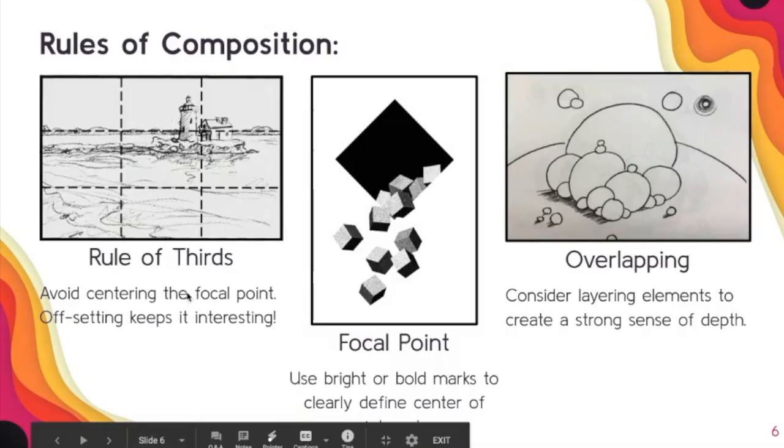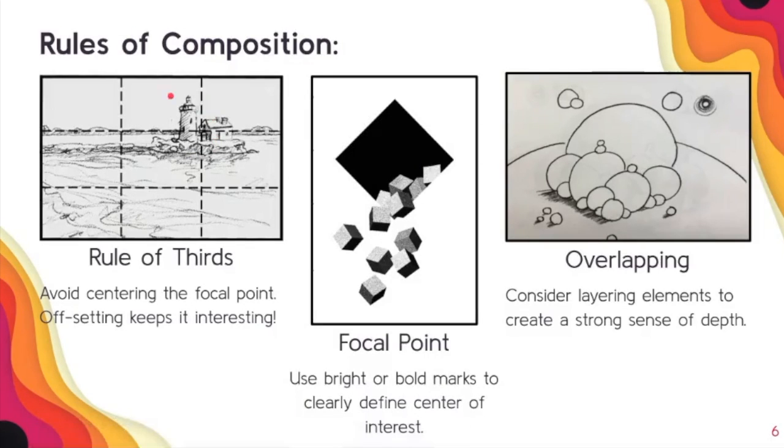Over here, we have the compositional rule that basically divides your piece into 3 columns vertically and 3 rows horizontally. So what this means is instead of centering your piece, we want to avoid having our piece's focal point stuck directly in the center. A person's eye automatically goes to the center of a page when they are looking at something.